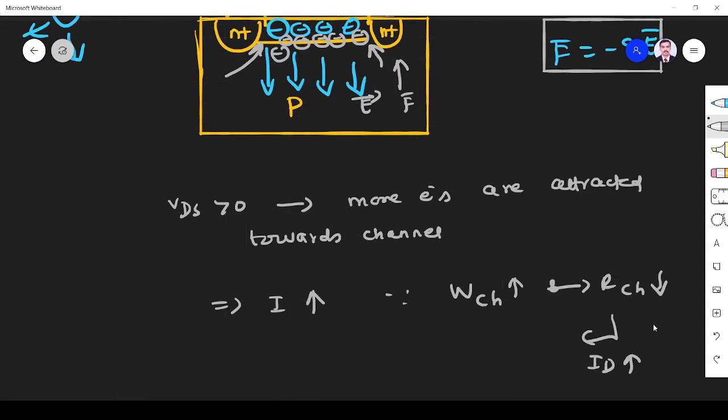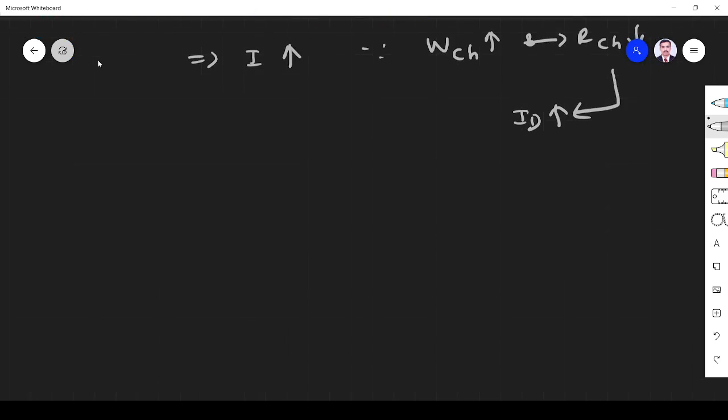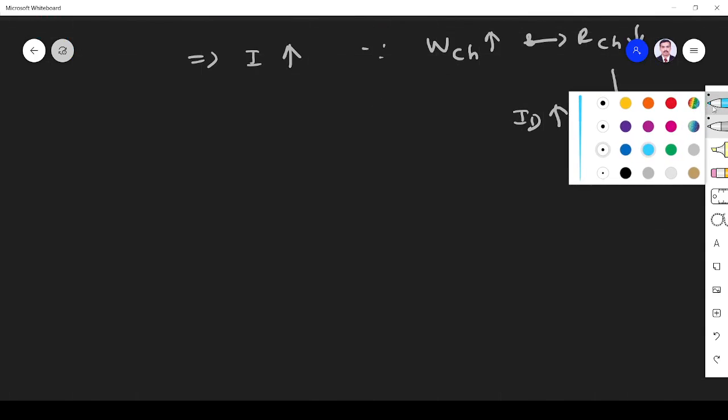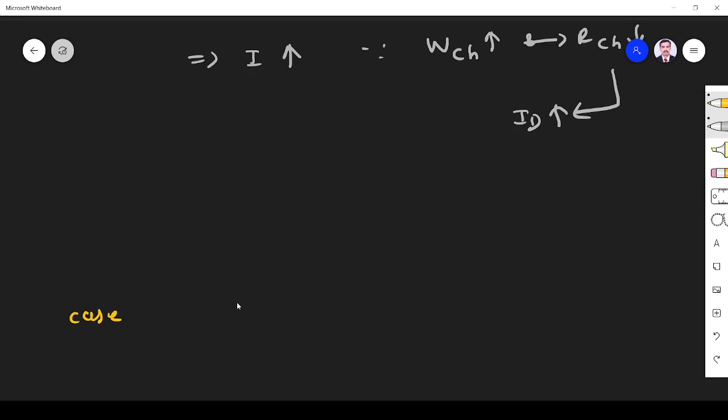Right? So the drain current increases. This is the thing happening in the depletion MOSFET. So if I want to conclude, we can make it simple. Case, VGS, VDS, ID.